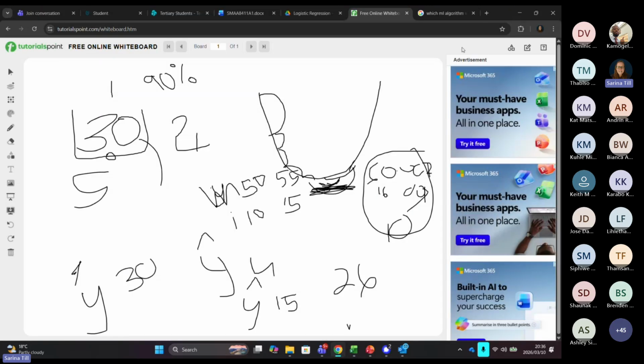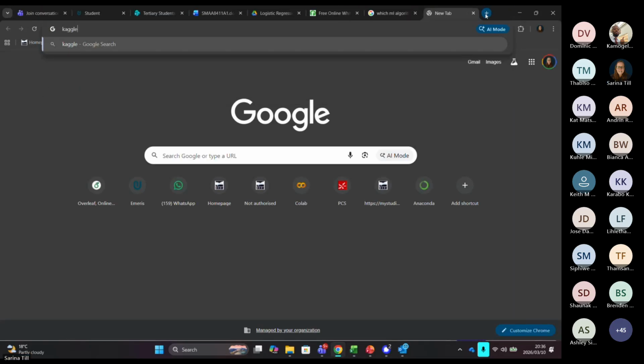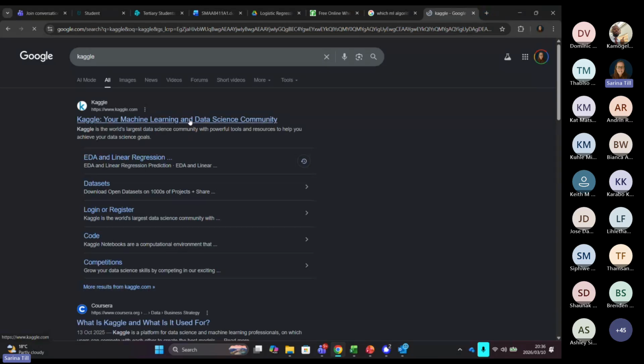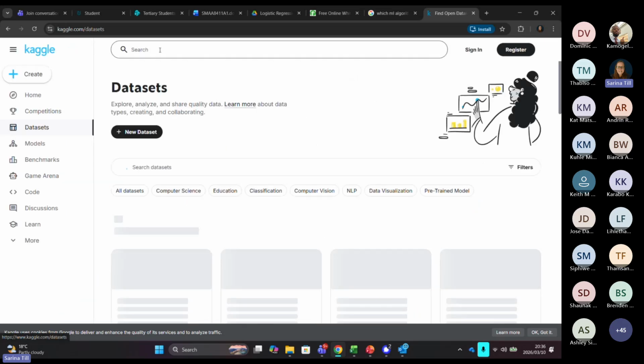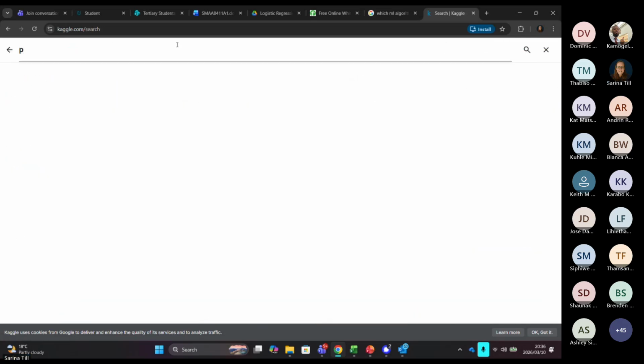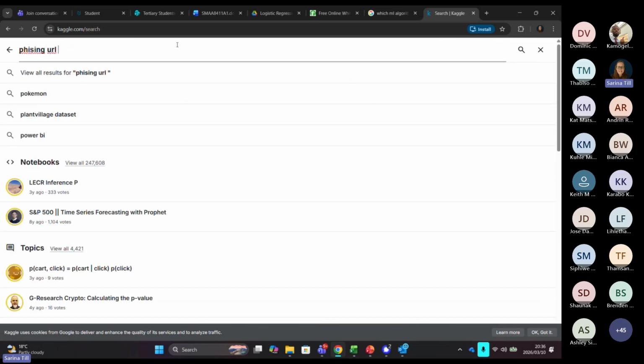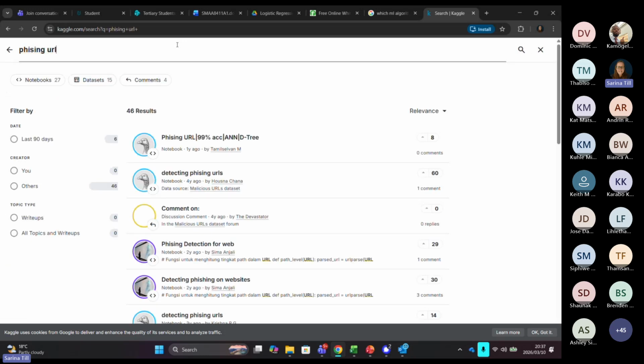And if we look at some other data sets, like at Kaggle, I want to see if it is for phishing. The phishing URL dataset is interesting to look at.